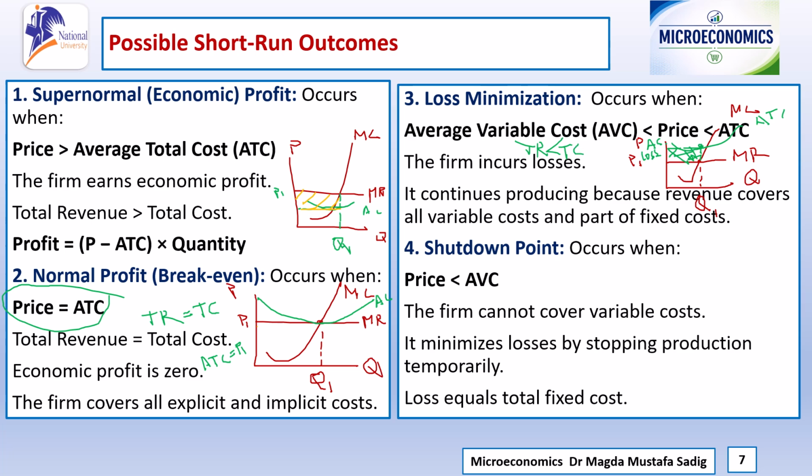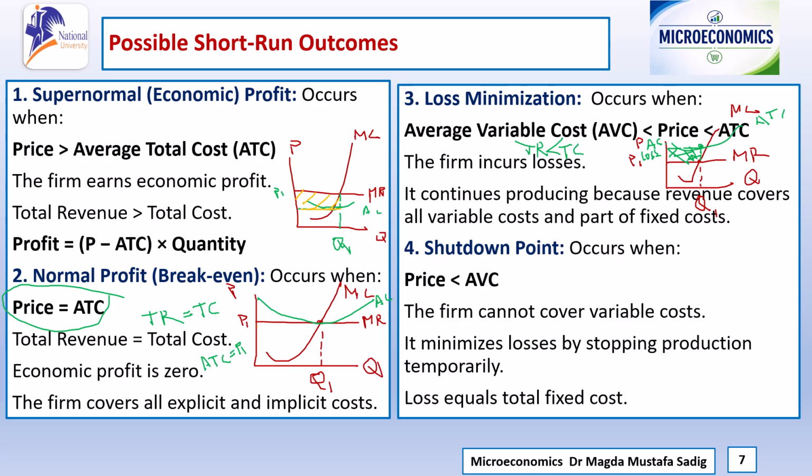The firm continues producing because revenue covers all variable cost and part of fixed cost. So because revenue still covers all variable cost and contributes towards fixed cost, continuing production reduces the loss. So here the firm has to continue production to reduce the loss.